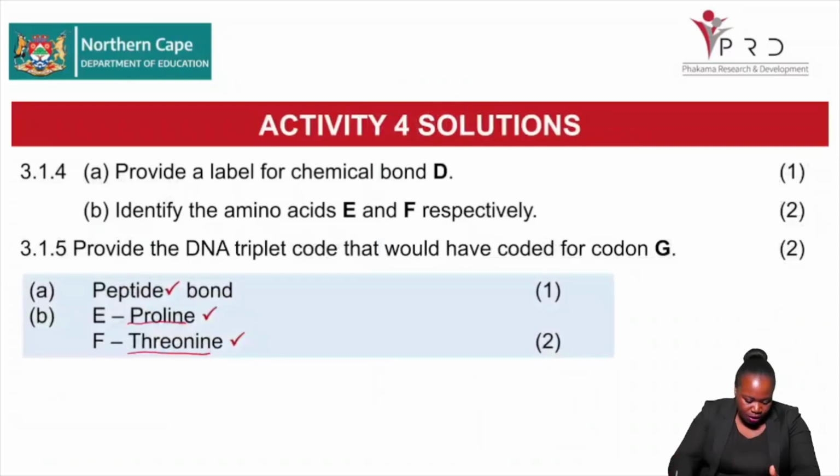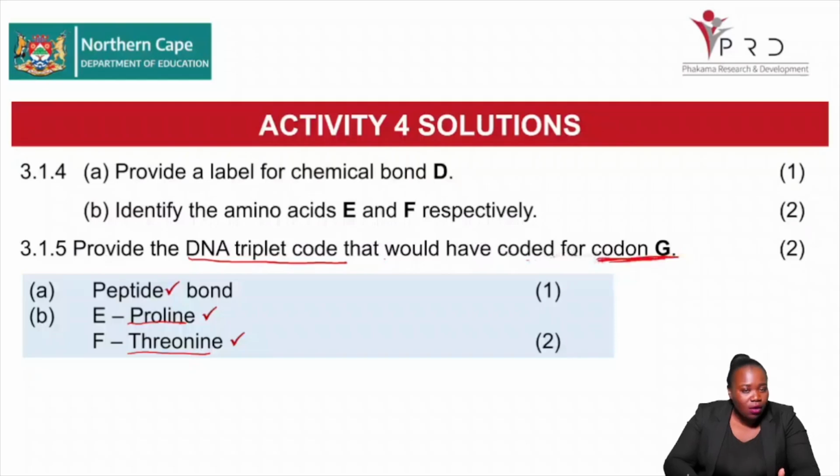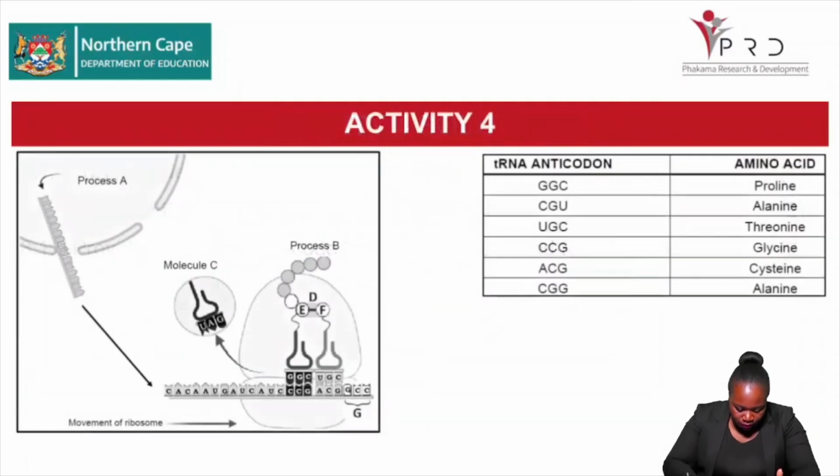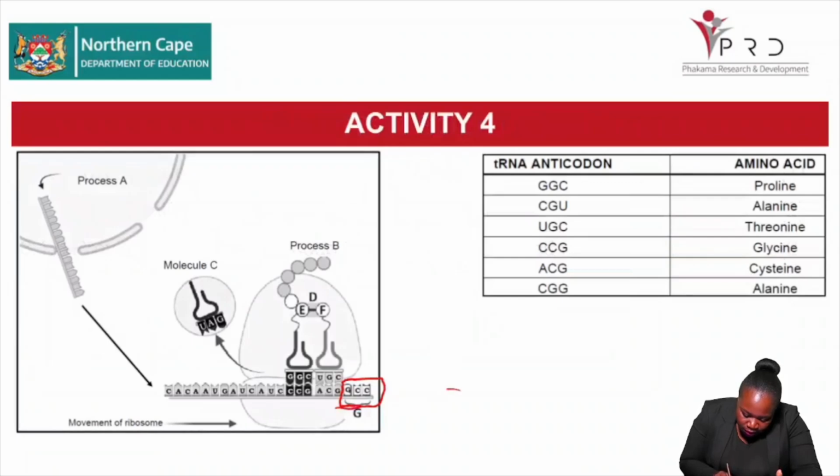Proline and threonine. And then the next question, 3.1.5, it says, provide the DNA triplet code that would have coded for codon G. Let's have a look at codon G. Here is codon G. It's a codon, therefore it's on mRNA, right? Codon G is GCC. This is mRNA.